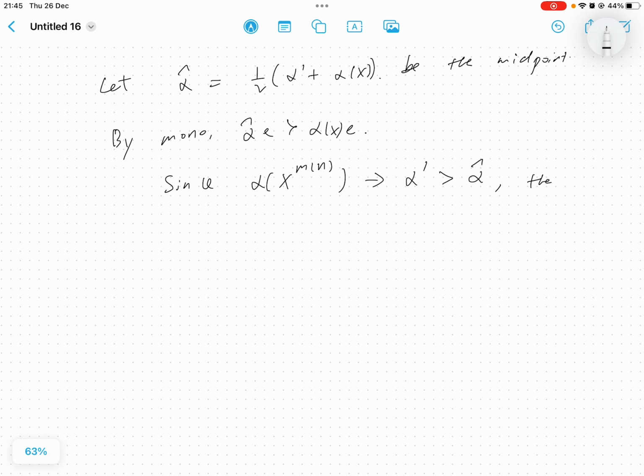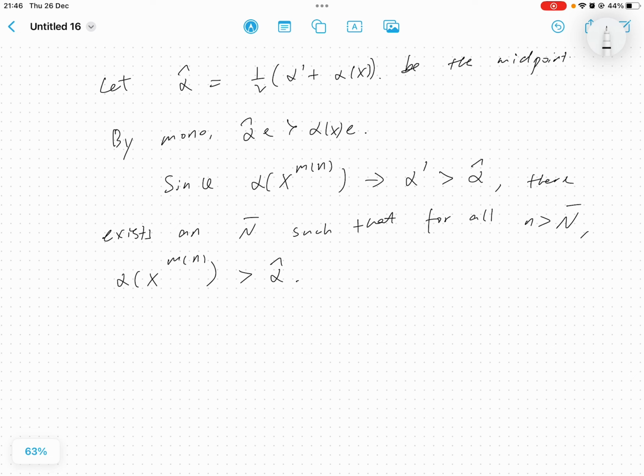So there exists some number in upper bar such that for all n which is greater than that, this alpha x m n is strictly greater than alpha hat.